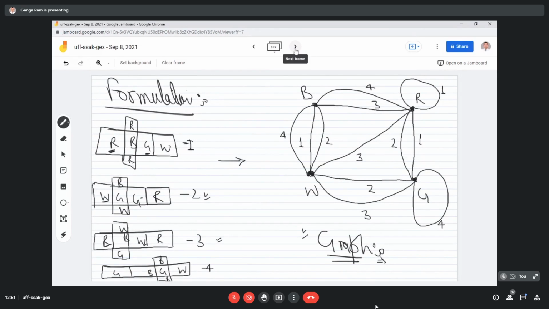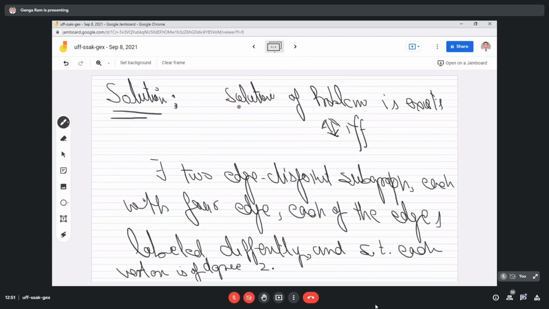The problem has a solution if there exist two edge disjoint subgraphs, each with 4 edges, each of the edges labeled differently, and such that each vertex has degree 2. This is the condition for the existence of a solution. If this condition holds, then our problem has a solution.